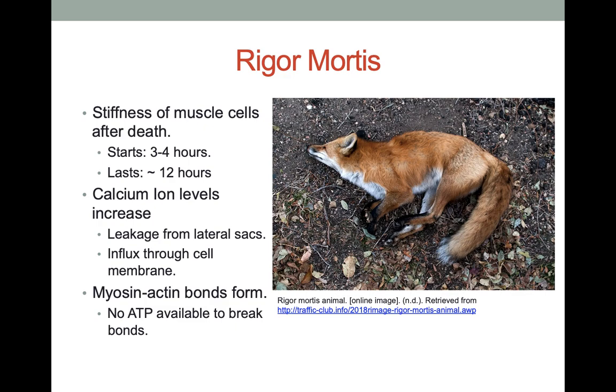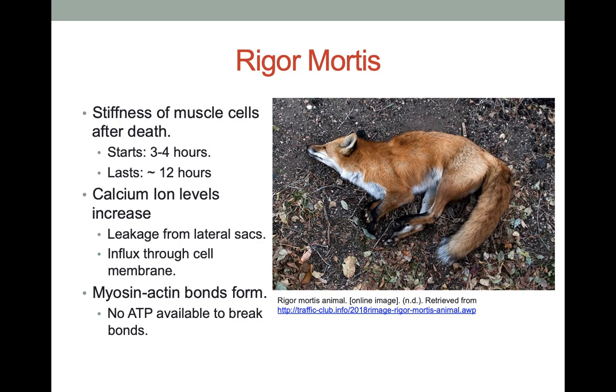However, when an organism dies, we tend to see the calcium ion levels increase. That can be because there's leakage of the calcium ions from the lateral sacs, and extracellular calcium ions could also leak in because obviously the cell membrane is no longer functioning like it should. It's not being actively monitored.